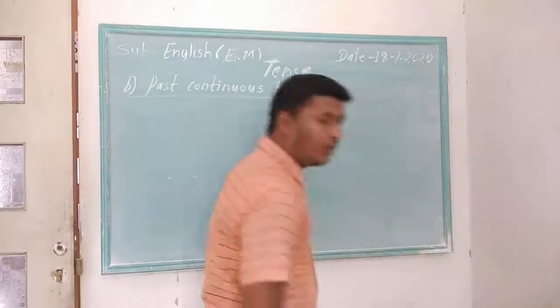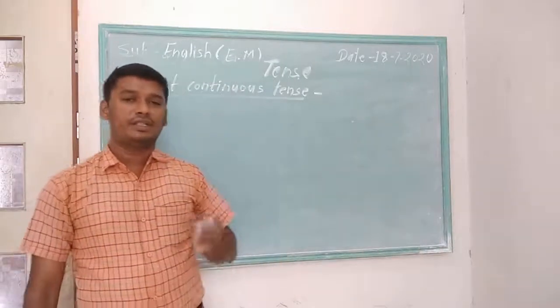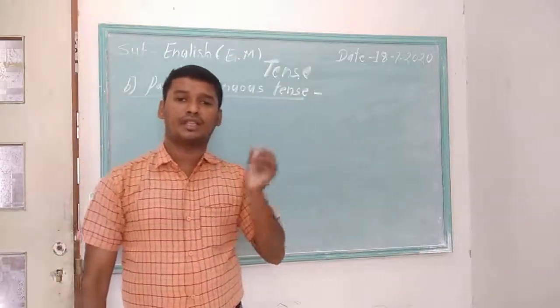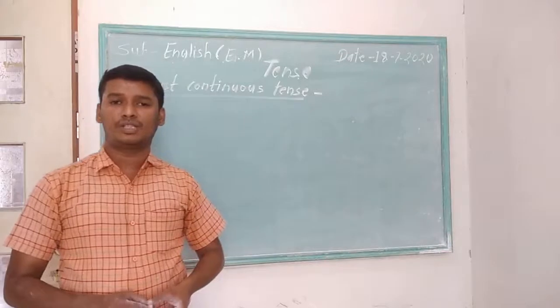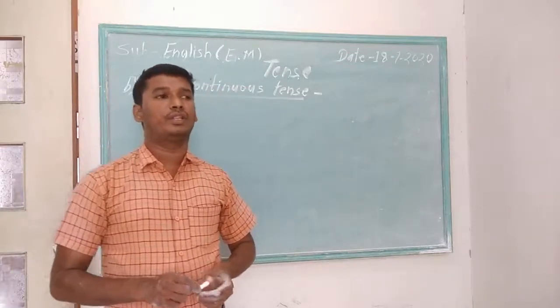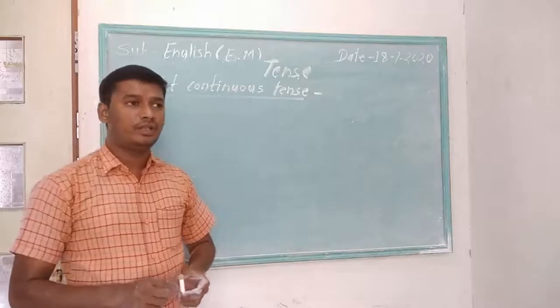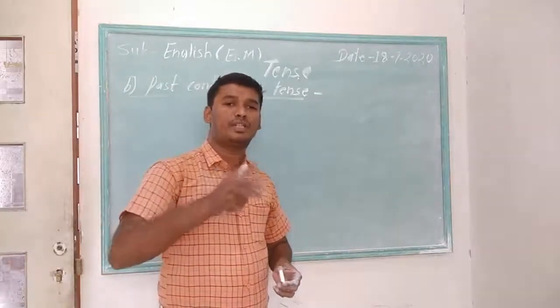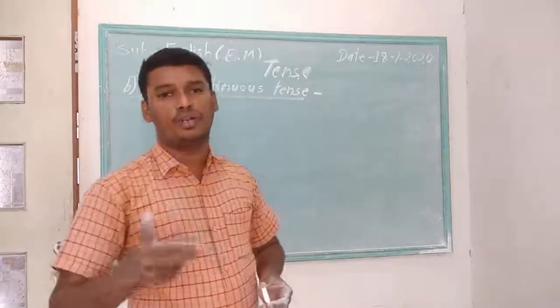What is the structure of past continuous tense? If you remember the structure of present continuous tense, S plus is/am/are plus V1 plus ing plus O, here we have to just replace is/am/are with was and were.